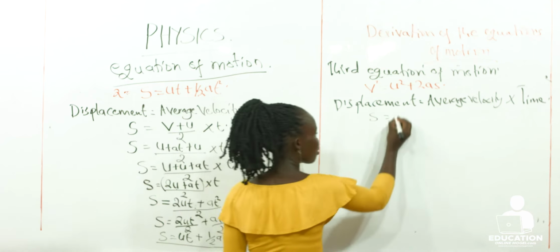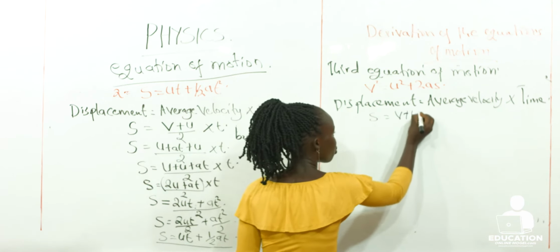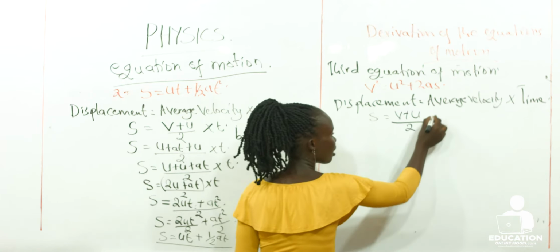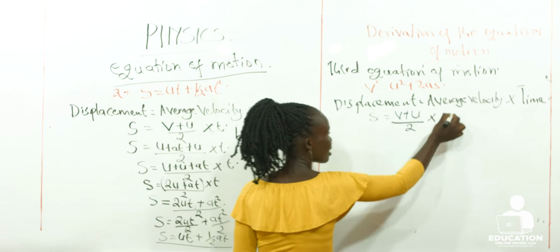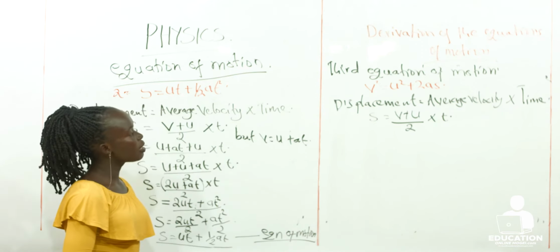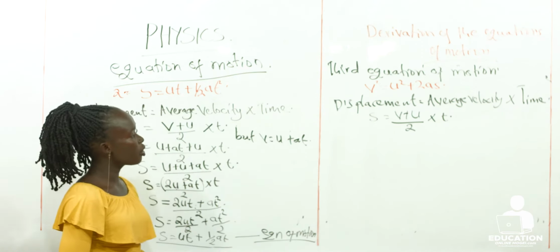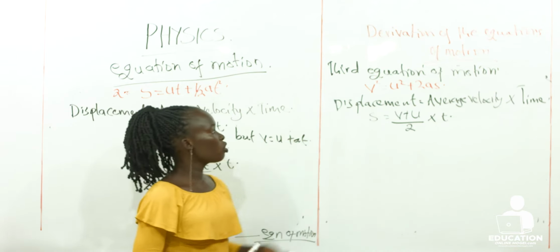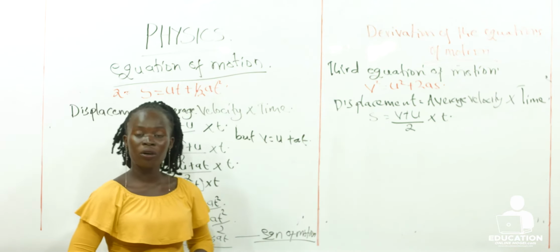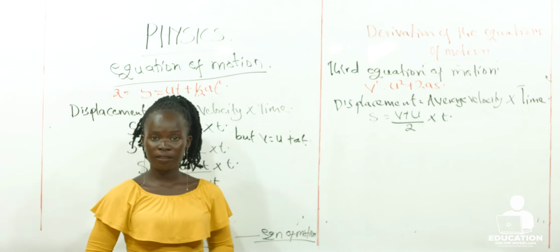So our displacement is s, our average velocity is v plus u all over 2, and we are multiplying it by the time factor t. Now, what we need to know is that we need to make v, the final velocity, the subject.